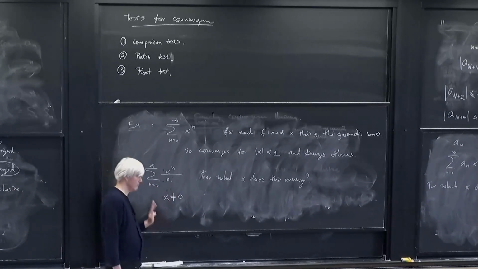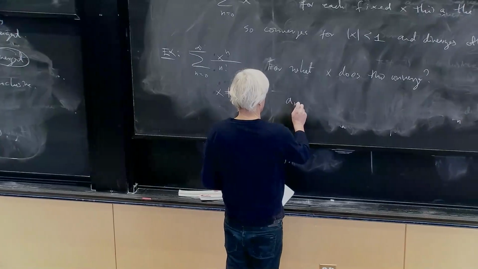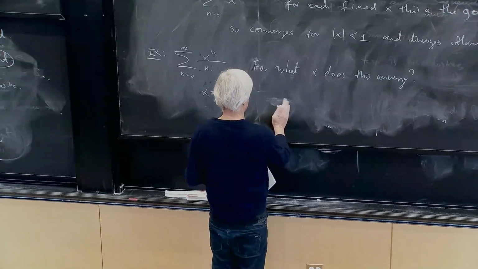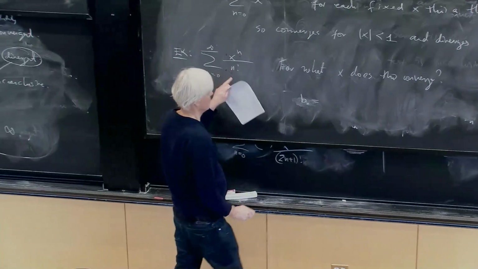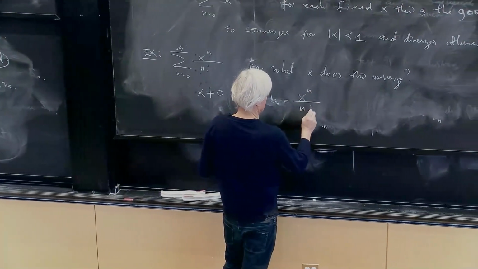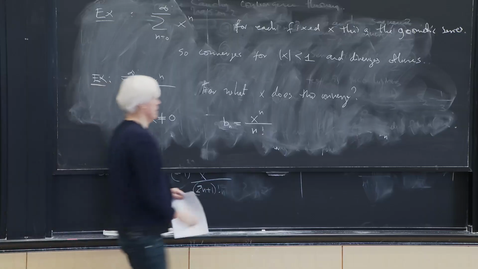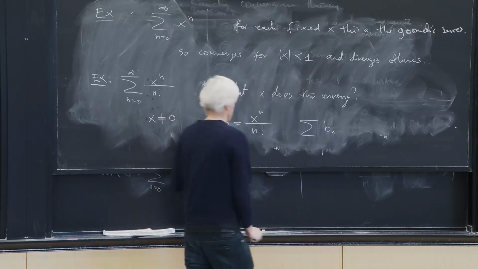So let's not look at that. And then, because if you don't look at that, you can now think about the series where b_n is x to the power n over n factorial.